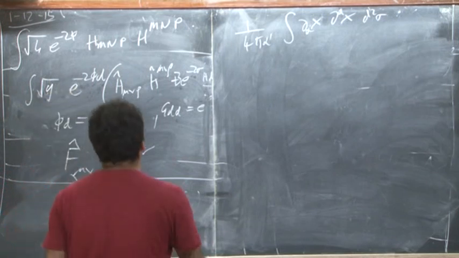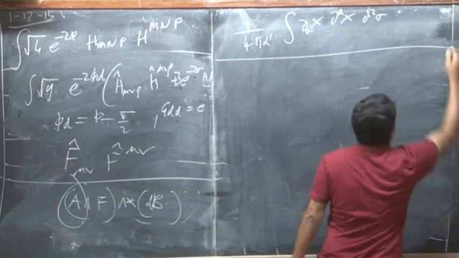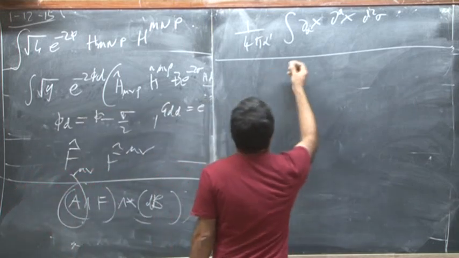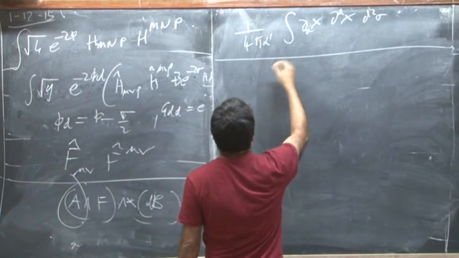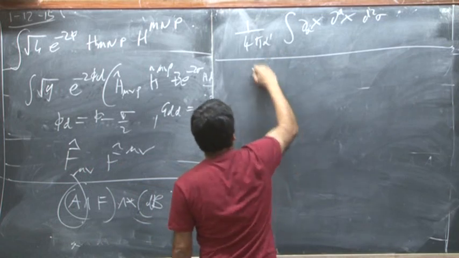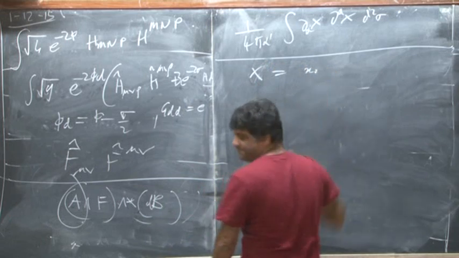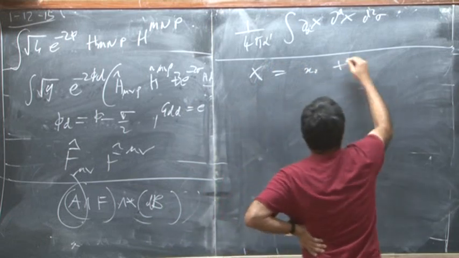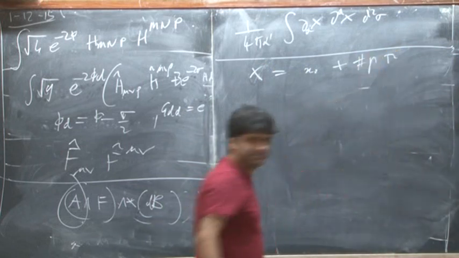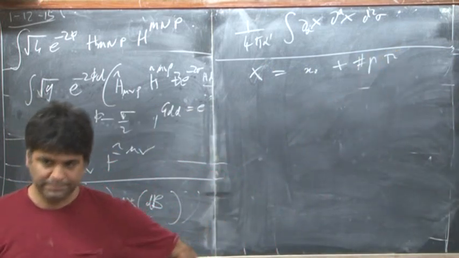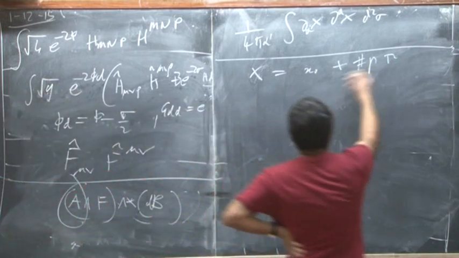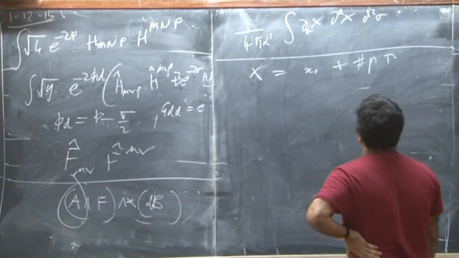Okay? And I'll remind you of the structure of the 0 modes. The 0 mode structure was that x^mu was equal to x naught plus p tau times a number.